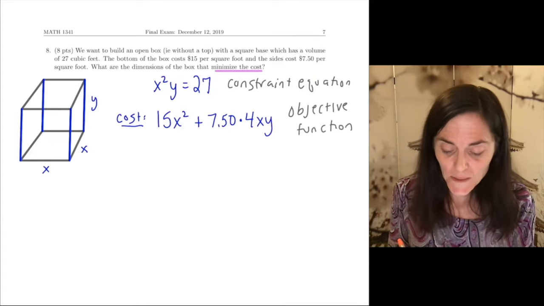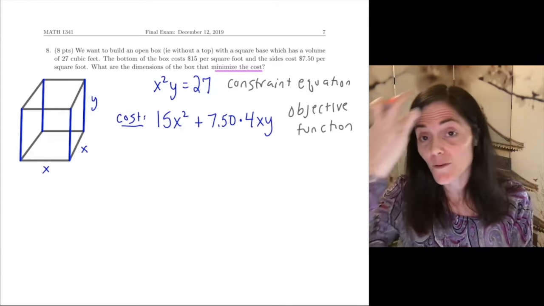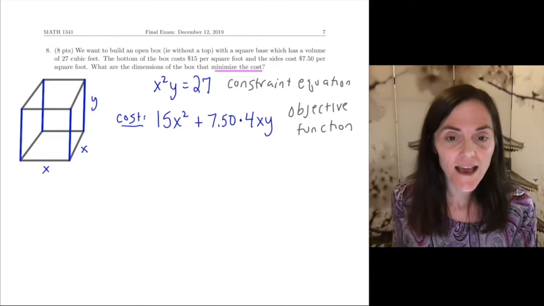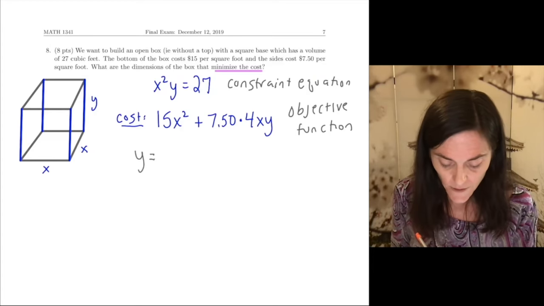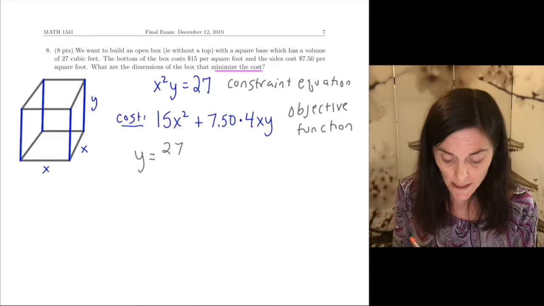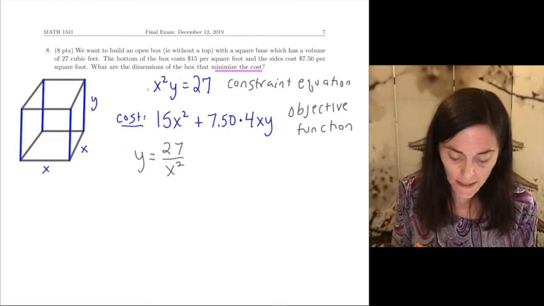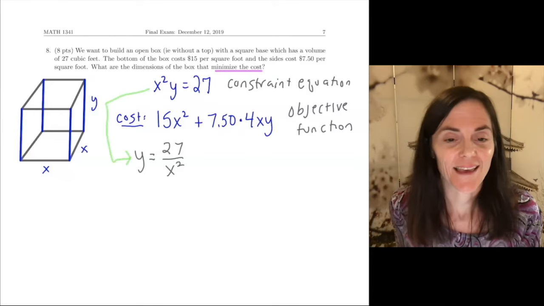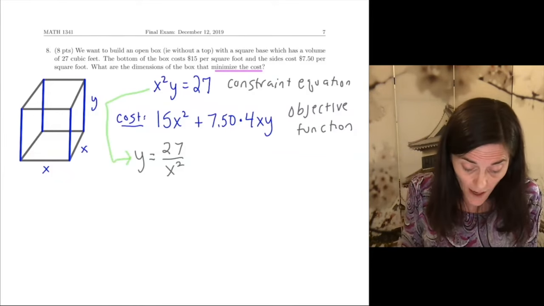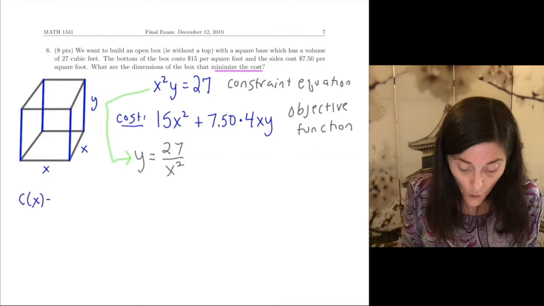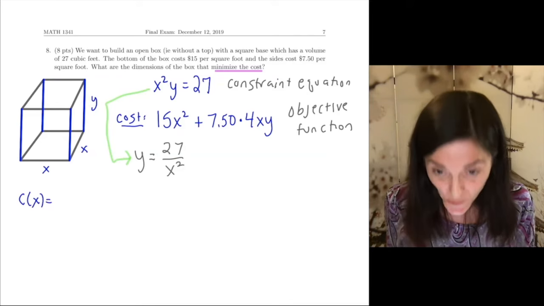Now, what do we do in optimization? The first thing we want to do is use the constraint to solve for one variable in terms of the other. In this case, it's much easier to solve y as a function of x because we don't have to take a square root. So y is 27 over x squared. This was my initial step right here. Then we use this. This will allow me to get cost as a function of one variable. We love functions of one variable because this is calculus 1.